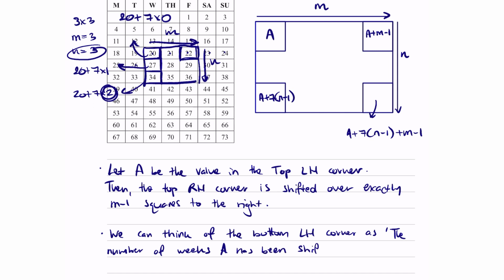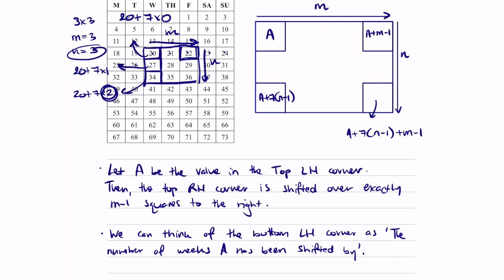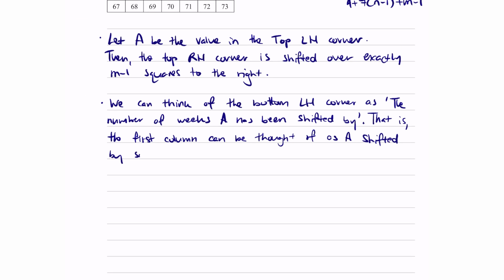Actually, let's just say instead that the first column can be thought of as A shifted by some multiple of 7.